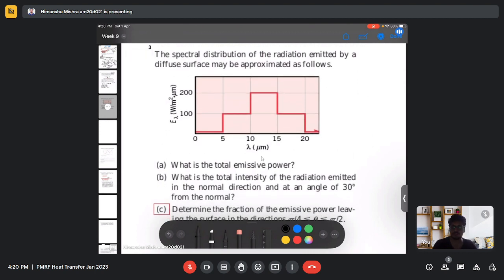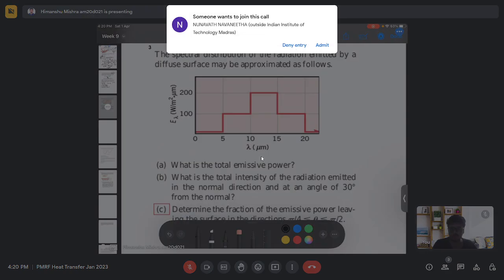So the next question is: the spectral distribution of the radiation emitted by a diffuse surface may be approximated as follows.